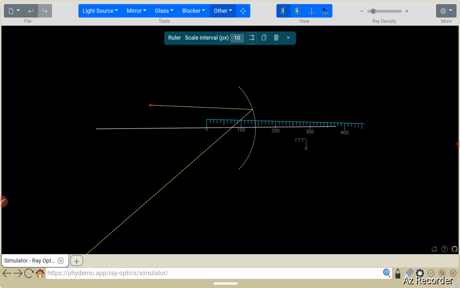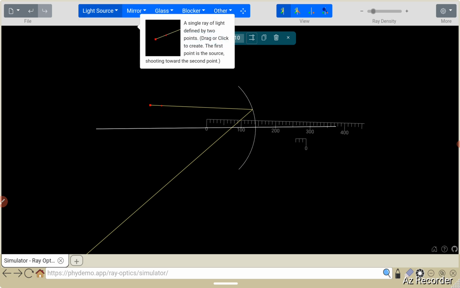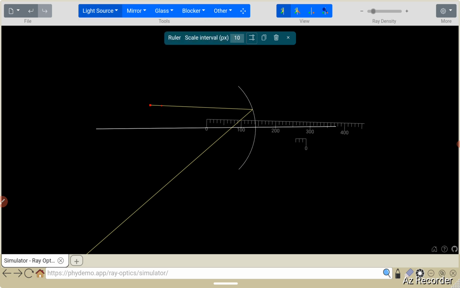Now the light ray has to pass through the focus. The second light ray should pass through the focus from the object. Now the object is at 0.